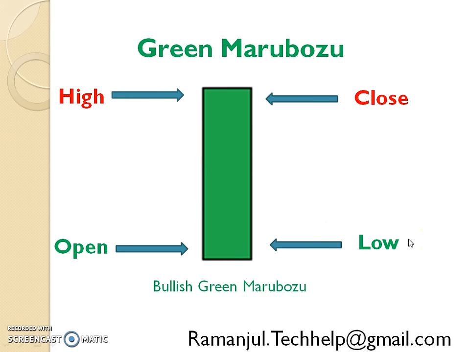This is how the construction will happen for this green Marubozu. So try to understand the logic here. This is a green candle with no shadows. The shadow is the part we already discussed, which we get on both sides. There is no shadow at either end.